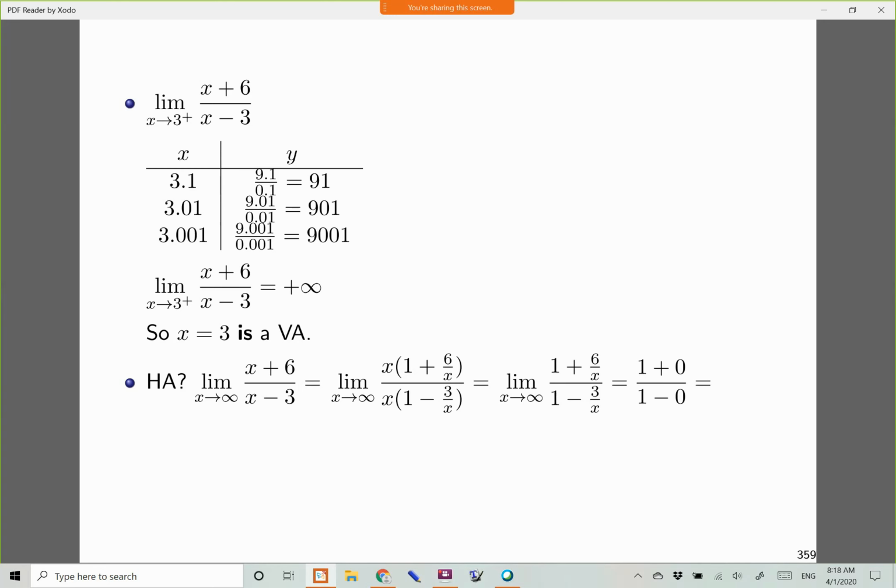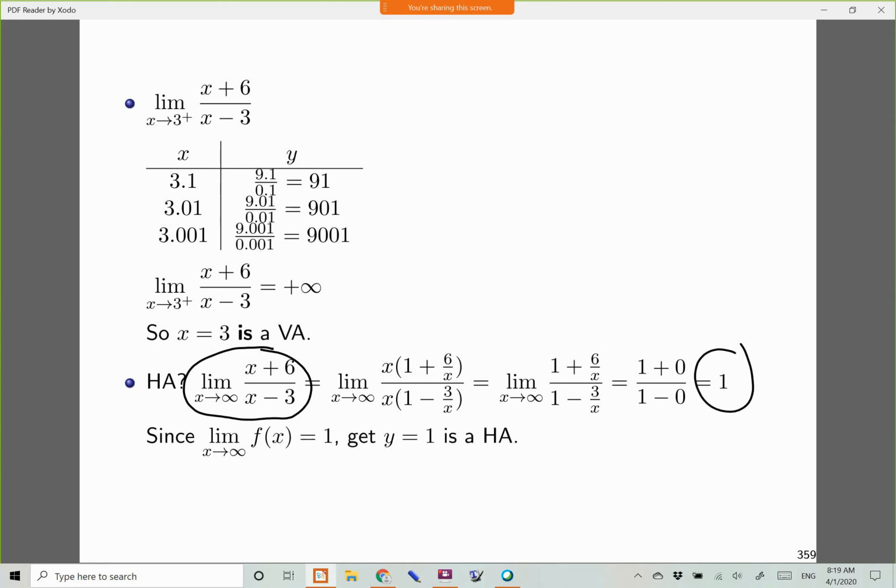So if you look back at the practice exam 1 key or exam 1 key, which are both posted in Canvas, you'll see work that looks like that. Okay, and in this case, you have a 1 over 1, which simplifies to a 1. Since the limit of the function as x approaches infinity gave us a number, we got the number 1. I forgot that I had this down here.